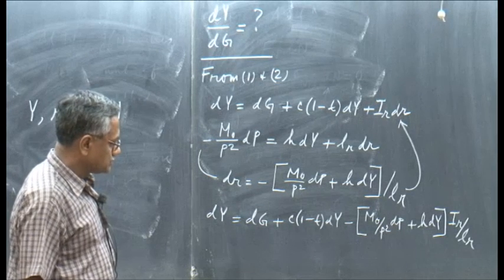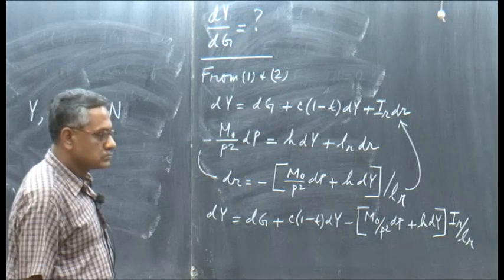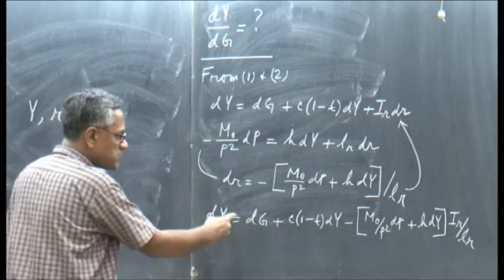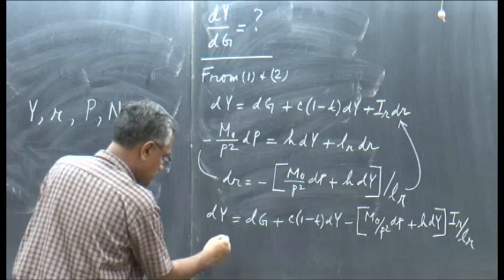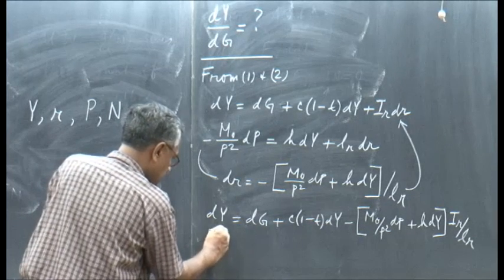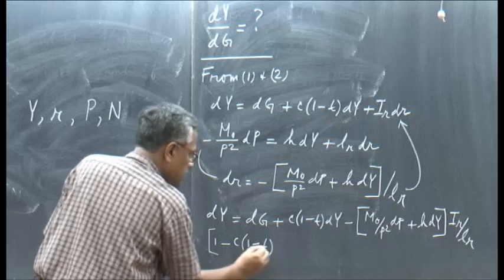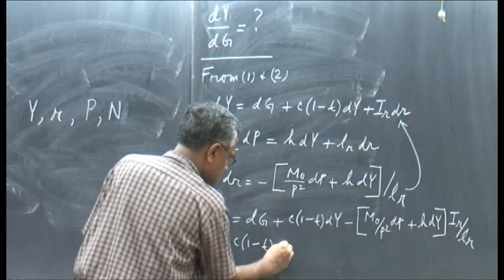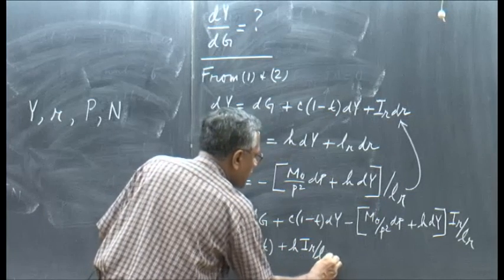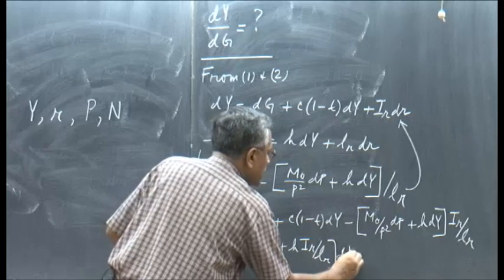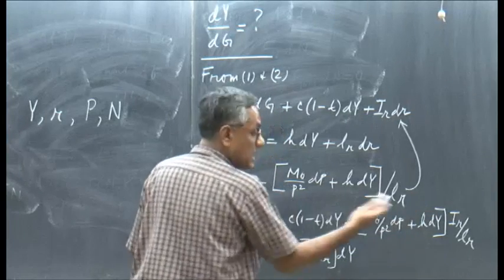Call this... I can rearrange the terms here. If I club the dY terms, then I will have 1 minus c into (1 minus t), then minus, it will be plus h I_R divided by L_R dY, and that minus P into that can come on the left hand side.